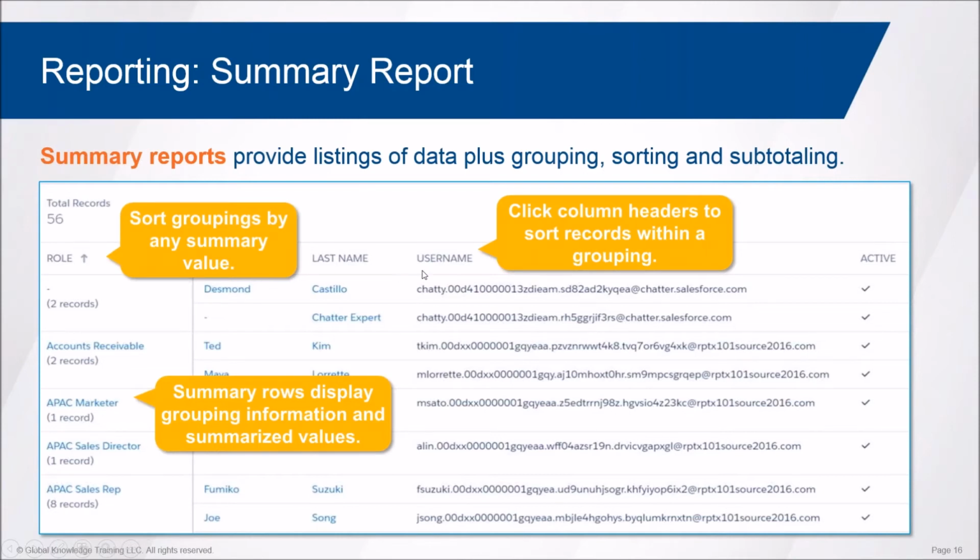I can also click on these column headers to sort the data that's returned in this summary report from A to Z or Z to A, much like you do likely in Microsoft Excel, where you have rows of information that you can sort alphabetically, A to Z or Z to A. So it does do that sorting for us simply by clicking the column header.